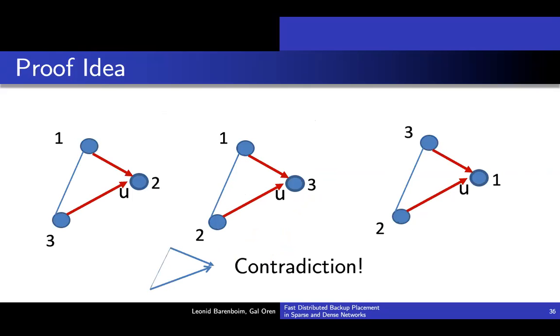However, in each of those possibilities, as presented in the example, it is impossible for 2 vertices to choose the same vertex for backup placement. This is because there is always a vertex between V1 and U, or between V2 and U, that one of V1, V2 must select. In any case, we have a contradiction to the assumption that both V1, V2 select U, and we finally proved our claim.